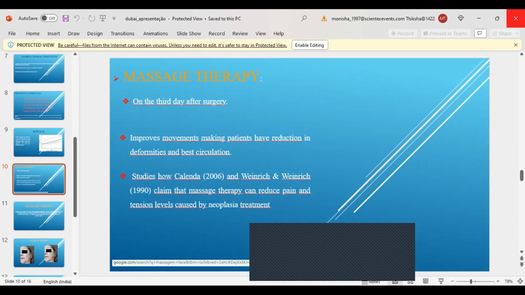Massage therapy on the third day after surgery improves movements, reduces deformities and improves circulation. Studies such as Calenda and Winch claim that massage therapy can reduce pain and tension levels caused by neoplasia treatment.